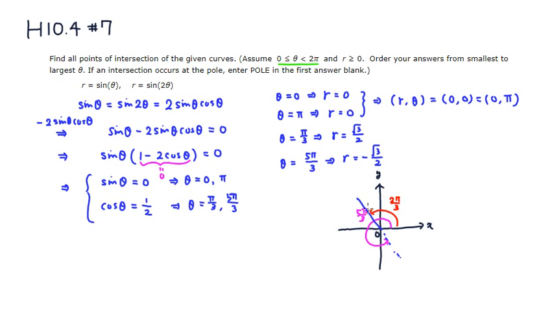Then we can think of it as a positive square root of 3 over 2 with the angle 2 pi over 3 instead of 5 pi over 3.